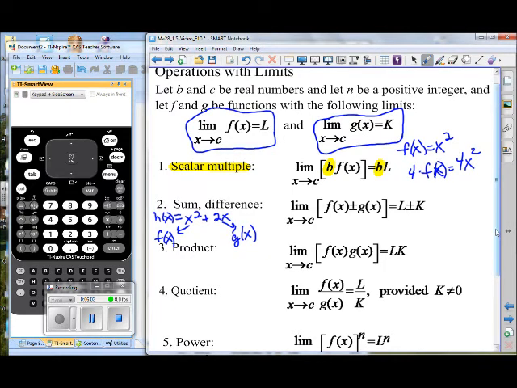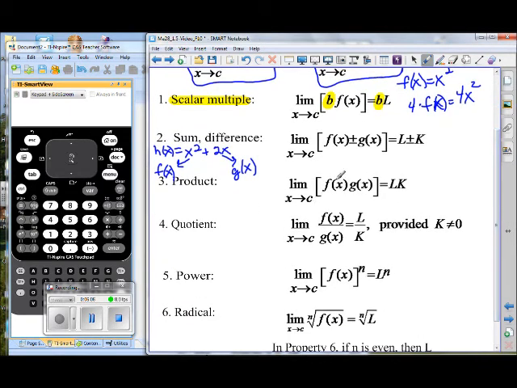Well, the same thing happens for product. The limit of the product of two functions is the product of the two limits. Quotient, same thing. The limit of the quotient of the two functions is the quotient of the two limits. But we do have to be very careful that we do not have a denominator that's equal to 0.